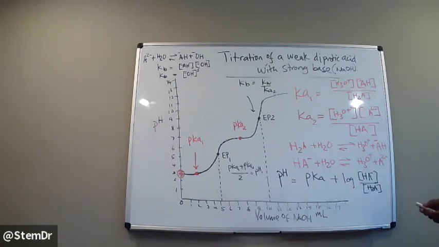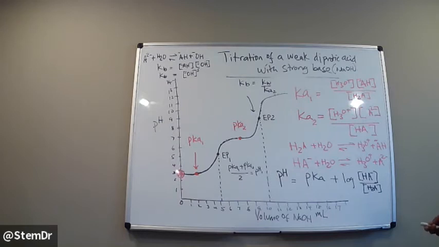Initially, for example, the experiment is done where you have an unknown amount of weak acid in a flask, and you are titrating by adding a volume of sodium hydroxide, a known concentration, and that would be a titration curve. So pH is on the y-axis, and x would be the volume of the base that's being added.